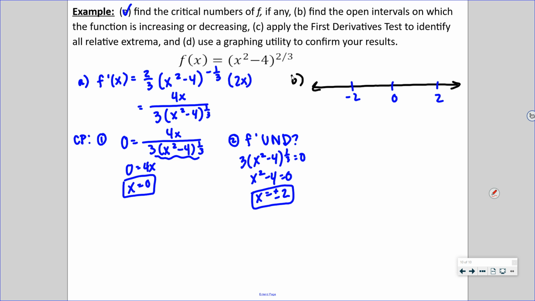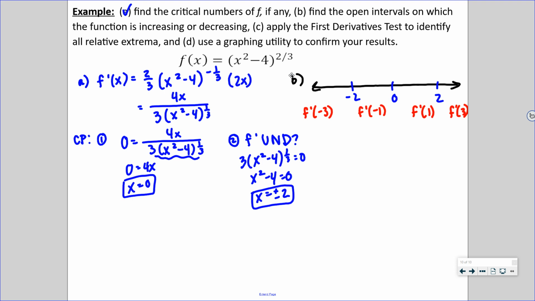All right. So I'm going to test these in my derivative. So I did my simple -3, -1, 1, and 3. Now this would be a good one to use our calculator for.